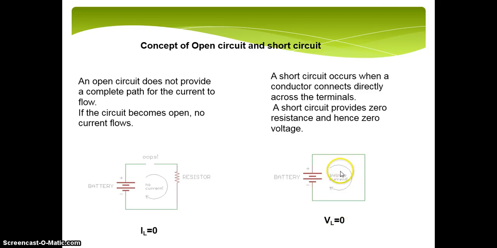So a short circuit means there is no resistance, zero resistance. We can replace that source by a short, and the voltage across it will be equal to 0. So remember, a short circuit means voltage will be 0 but current will be infinite. But for an open circuit, current will be 0 and resistance will be infinite.